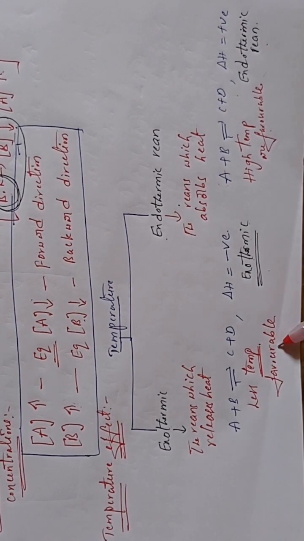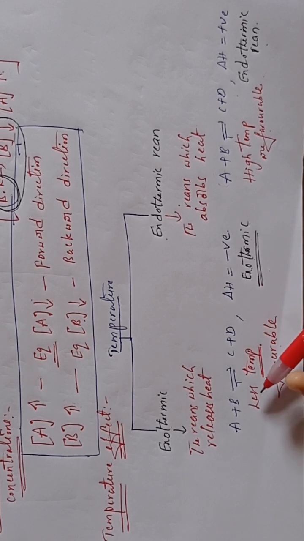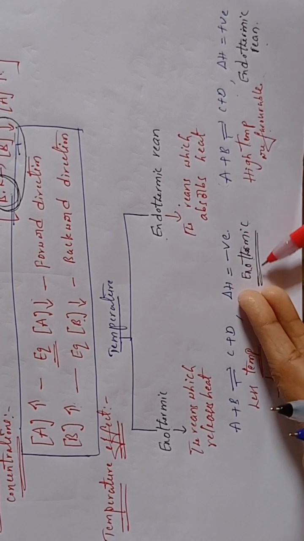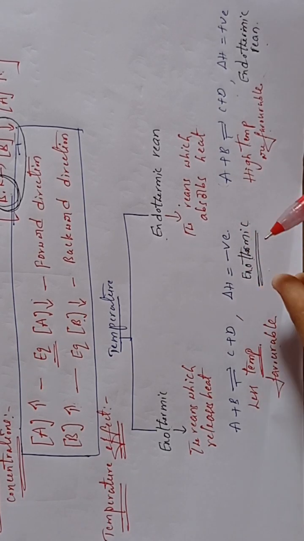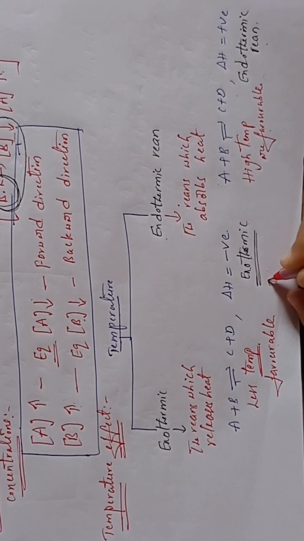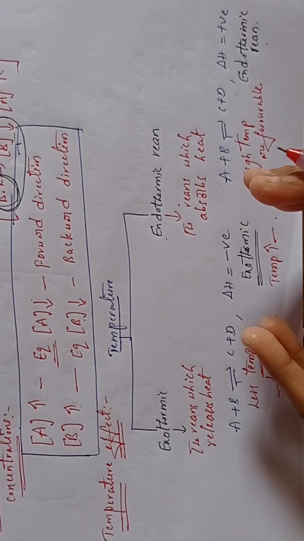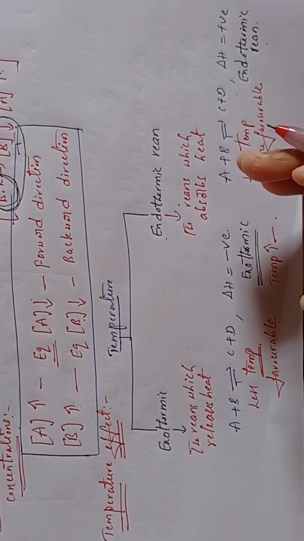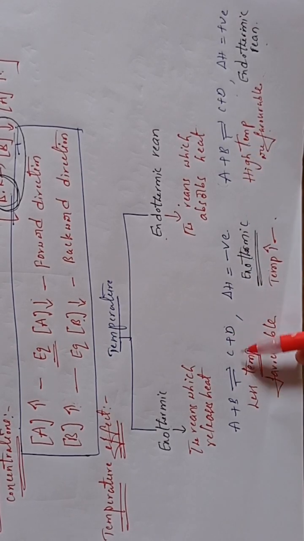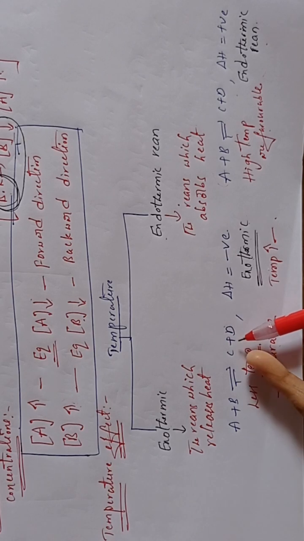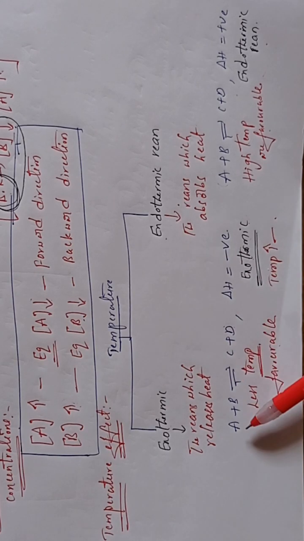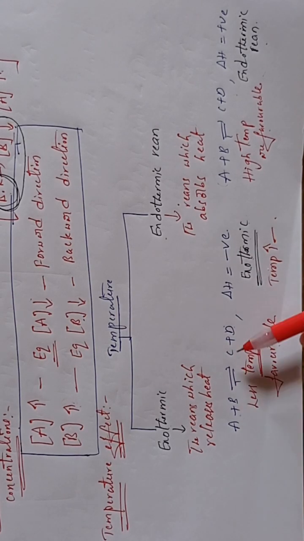Clear? Less temperatures favorable. In the case of exothermic reactions, if you increase the temperature, what will happen, students? We won't get a good yield of the product. That means the backward reaction takes place, and the C and D products convert into the A, B reactants. Are you following?